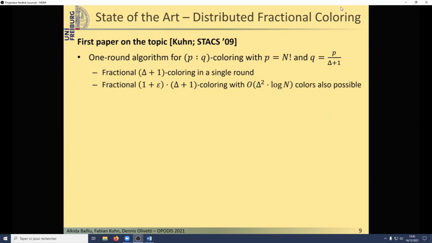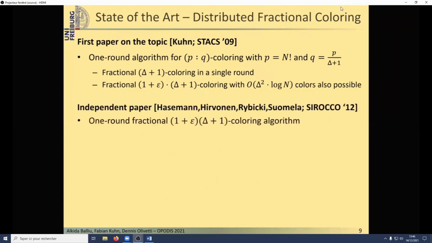If you want to do it in a single round, this P, the number of colors, is going to be relatively large, but you really get ratio delta plus one. And if you relax a little bit and allow 1 plus epsilon times delta plus one colors, then you can also do it with a reasonably small number of colors in total. And independently similar results were also proven a bit later by Astrand, Hirvonen, Rybicki, and Suomela.